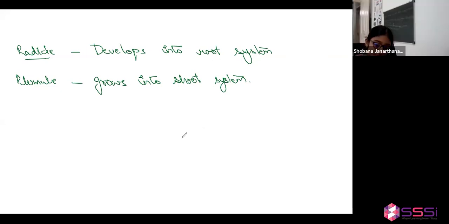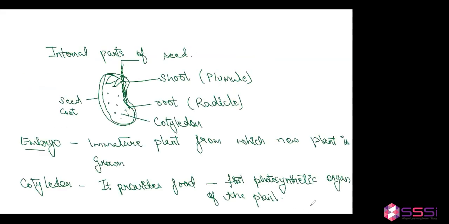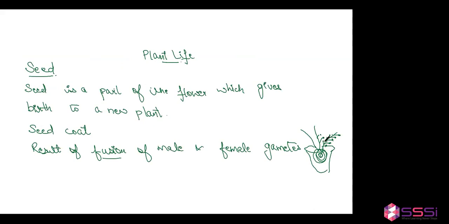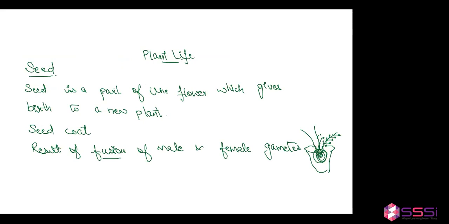Yes, ma'am. So now how the seed is germinated. Firstly, the pollen grains, the pollen tube. I told you about this flower. This is the pollen tube, the line which goes into the ovary.